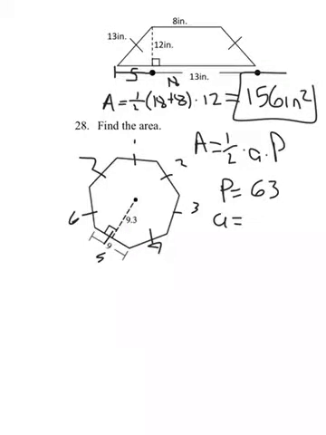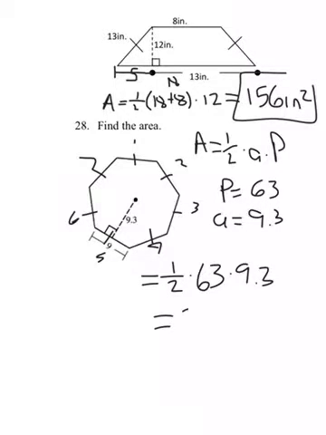The apothem given to you there is 9.3. So I'm just going to put in the formula. 1/2 times 63 times 9.3, and that is 292.95.